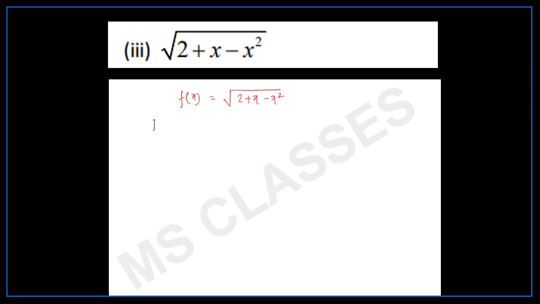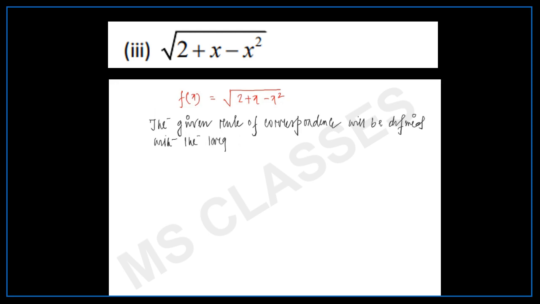So write down the given rule of correspondence will be defined with the largest possible domain when 2 plus x minus x squared is greater than or equal to 0.